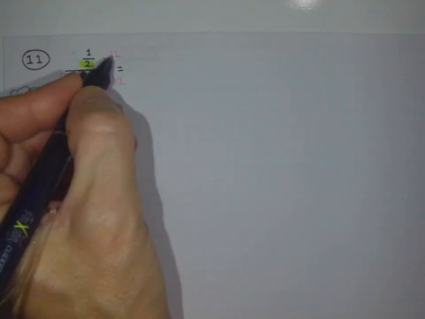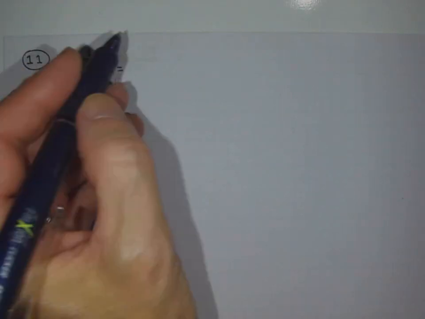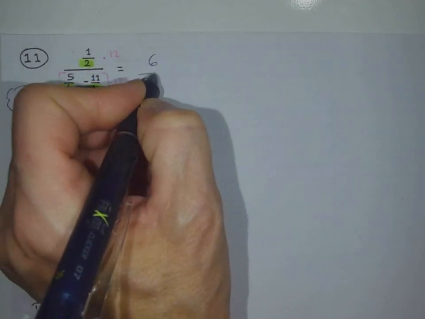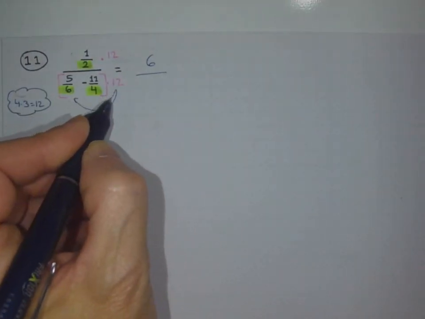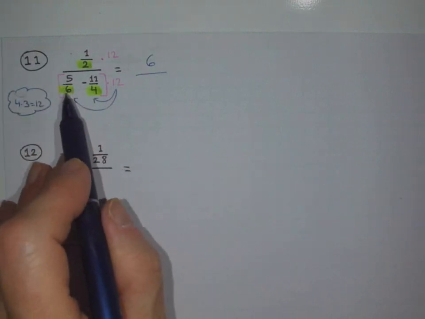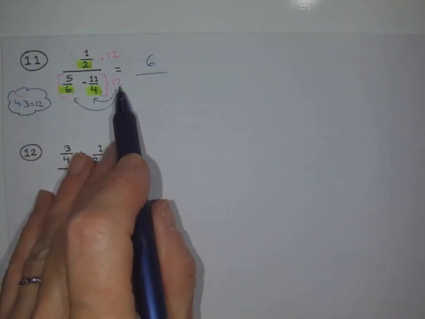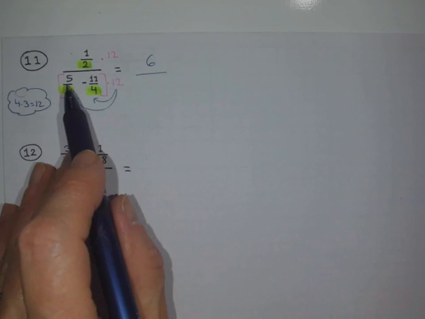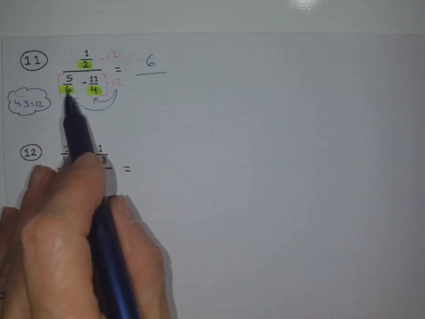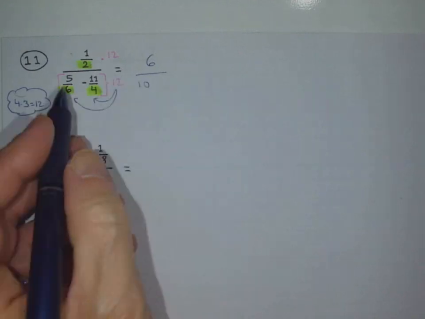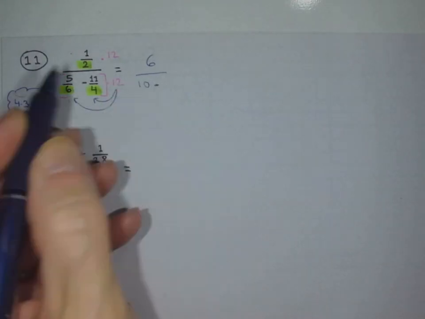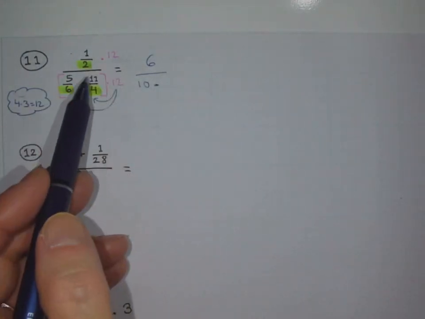1/2 times 12 is the same thing as 12 divided by 2. That's 6. And now here I have to distribute, right? So 5 over 6 multiplied by 12 will be the same thing as 12 divided by 6 is 2, so 2 times 5 is 10. Minus 12 times 11 over 4.